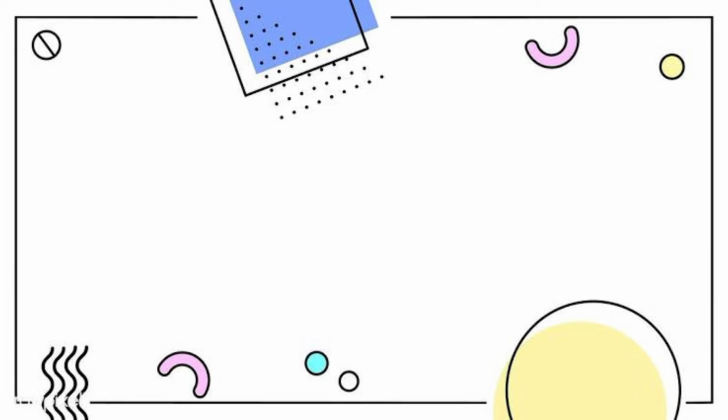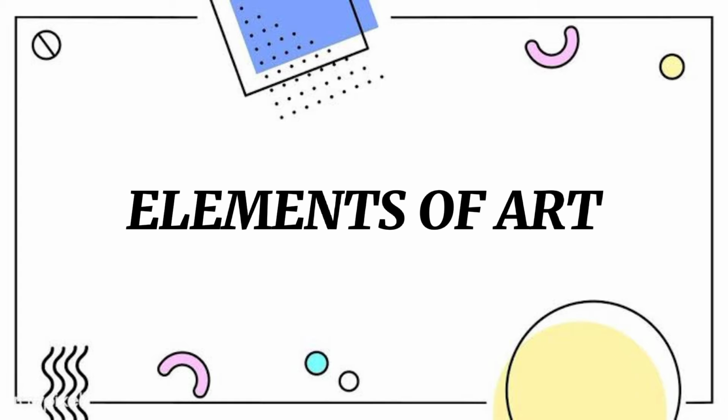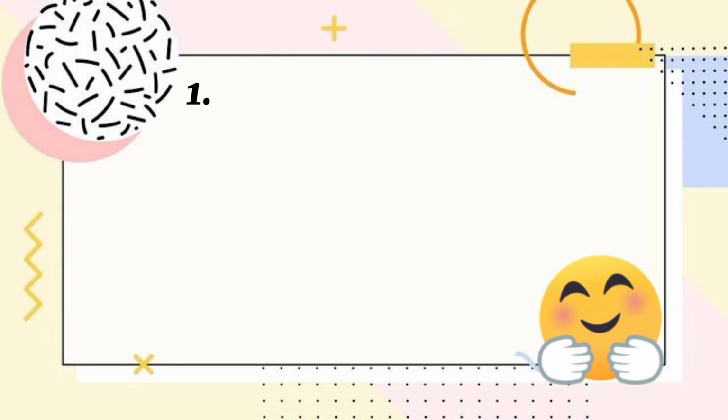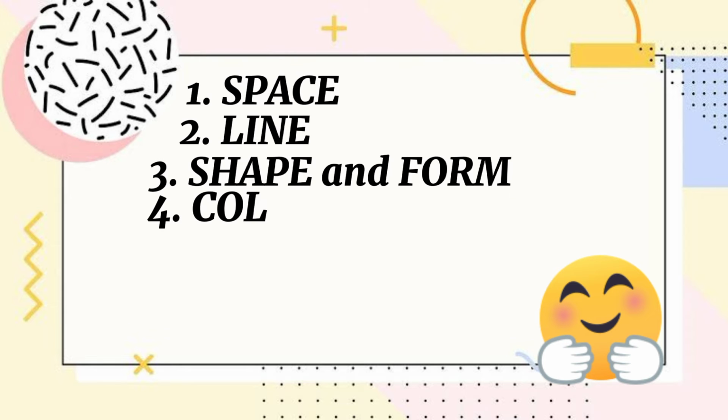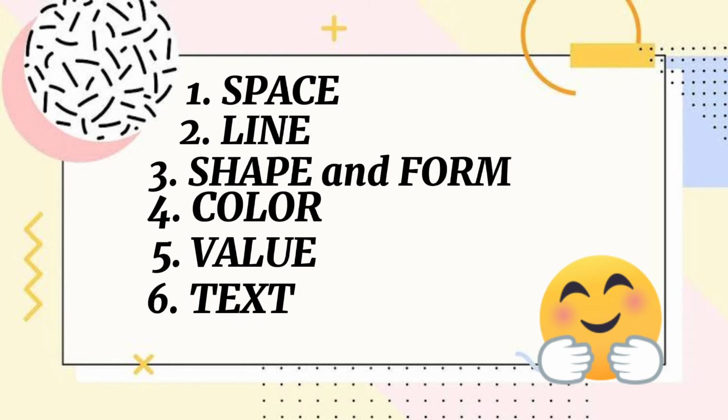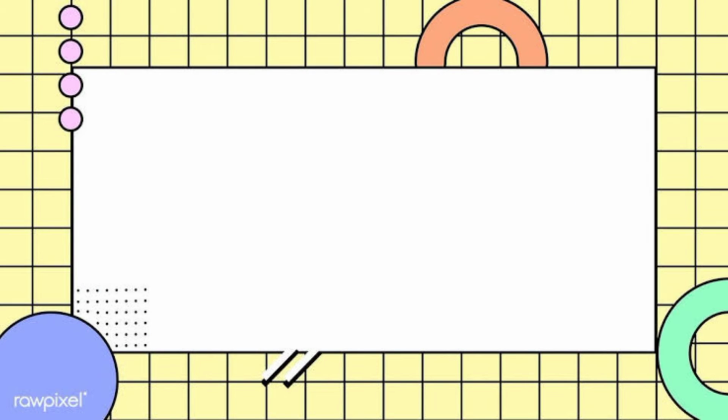So here now is the second topic, which is the elements of art. The elements of art that are given are space, line, shape and form, color, value, and texture. What is space?